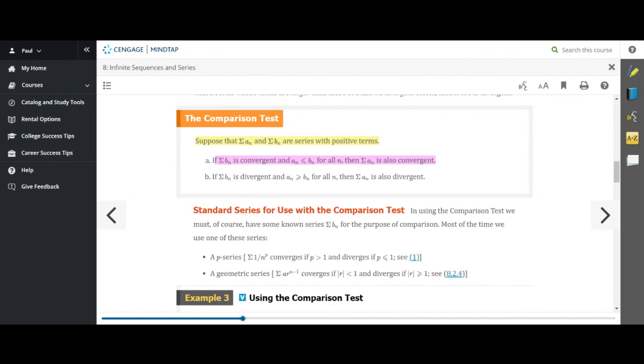Okay, so the series B sub n, if it converges, it's going to be some finite positive number. Well, if the terms of this other series are smaller, then that series also has to converge as well, because it's bounded by the sum of the larger series.